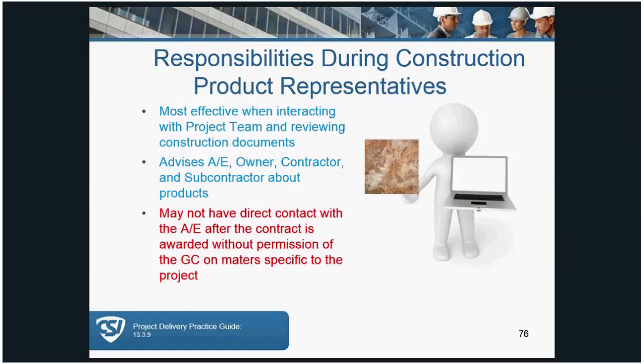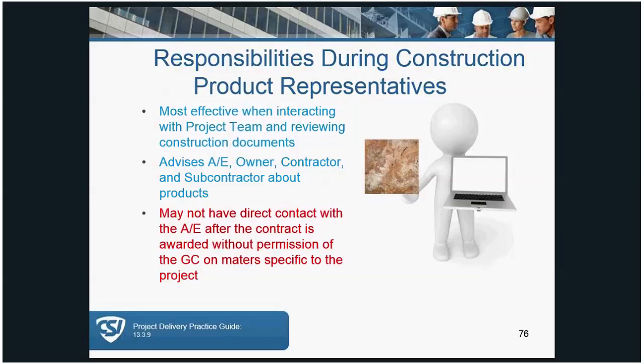Product representative may not have direct contact with the AE after the contract is awarded without permission of the GC on matters specific to the project. So the product representative kind of has to disengage themselves from the AE where they had a strong relationship maybe during the design phase.